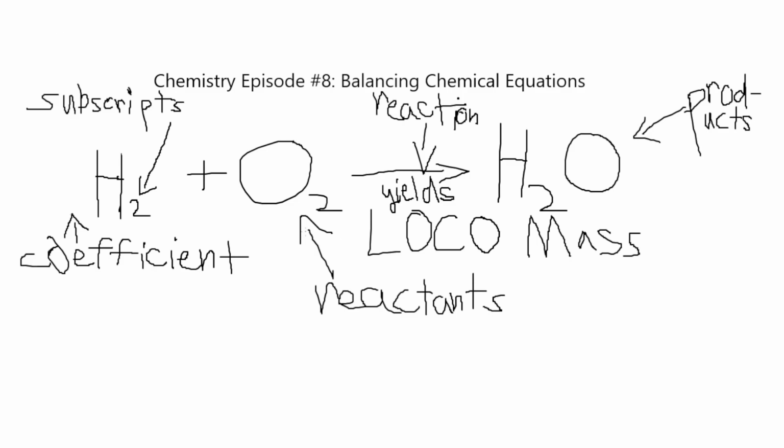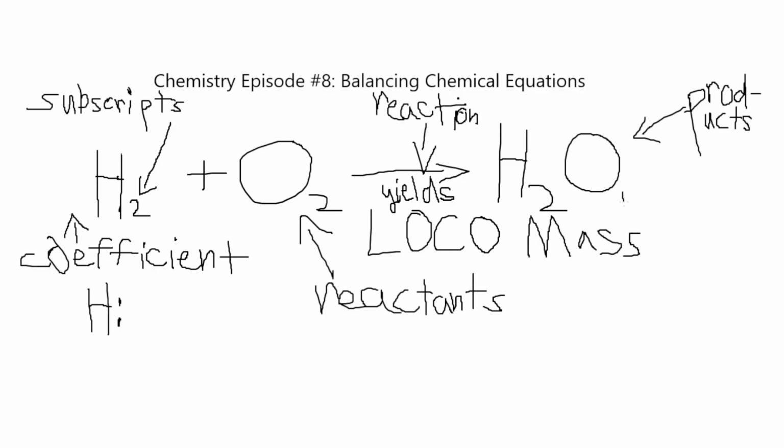And so how do we balance chemical equations? Well, first you count the number of atoms of each element on each side. So on the left-hand side, or the reactant side, using our new vocabulary, we can see that there's two hydrogen atoms, right? Because the coefficient is 1, because if you don't see anything where the coefficient or subscript would usually be, you can just assume that it's a 1.